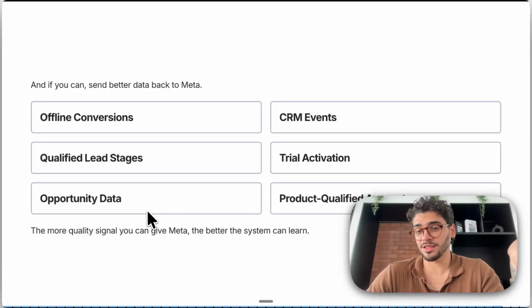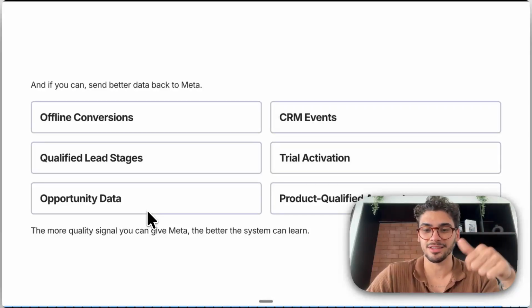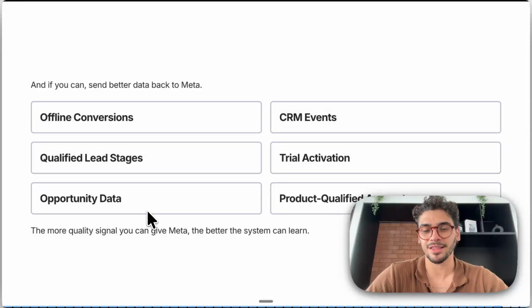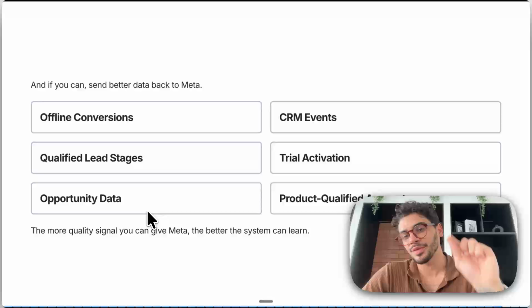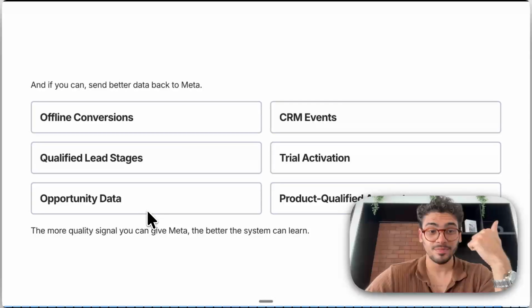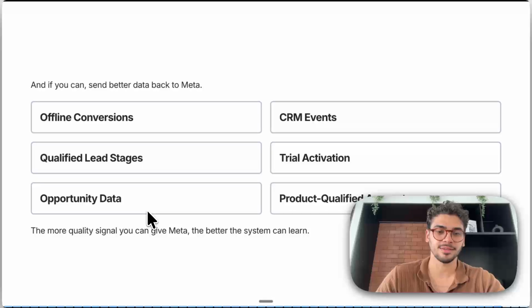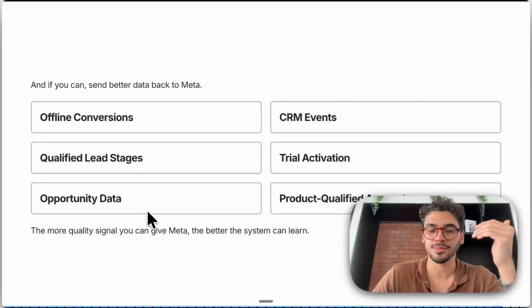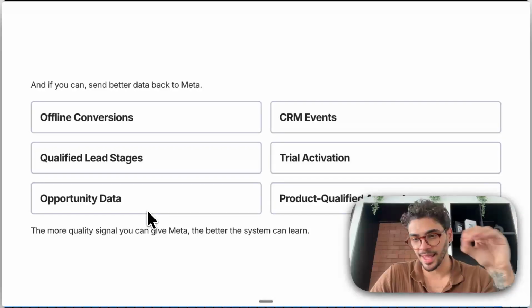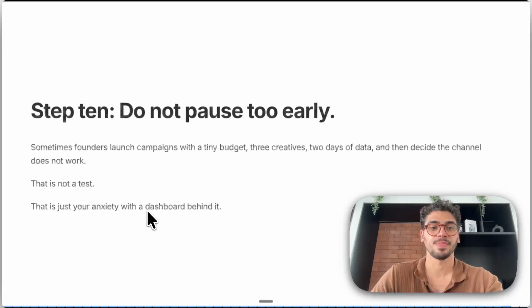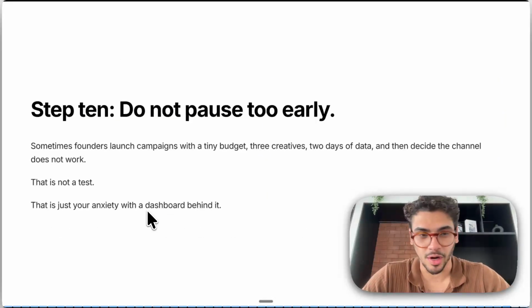So you just tell Meta that the leads that you actually want are the real leads, and you remove the ones that are not that worth it, right? You get all the leads, but you don't send this information to Meta. Trial activation. Opportunity data, product qualified accounts, right? The more quality signal you can give to Meta, the better the system can learn and give you the best leads over time, okay?